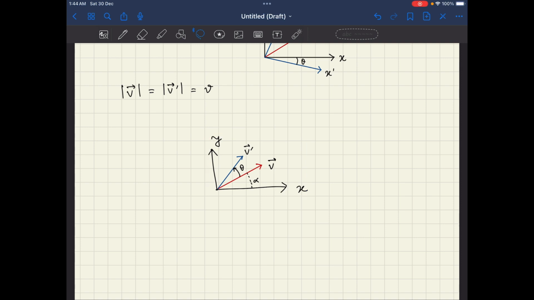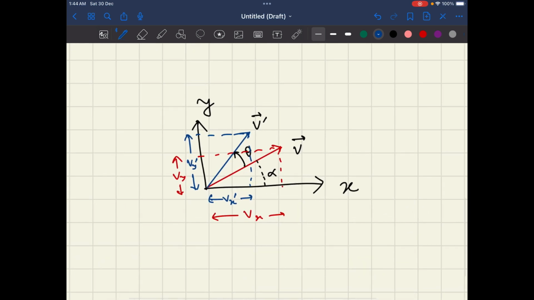Now if we draw the components, this is the components before rotation, Vx, and this is Vy. Similarly, after rotation it gets Vx prime and Vy prime.